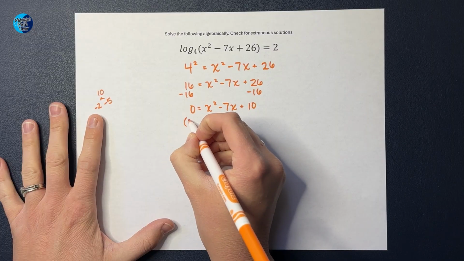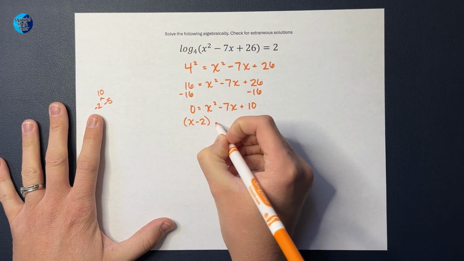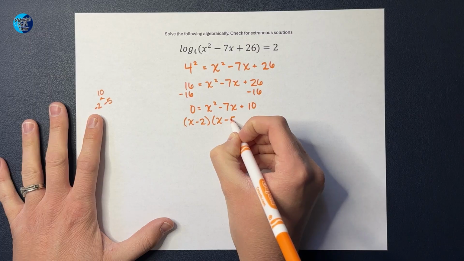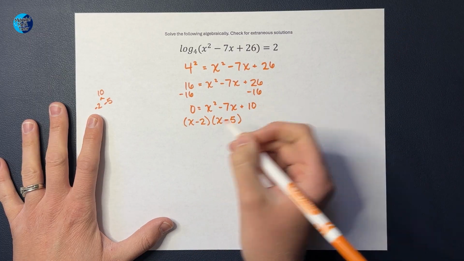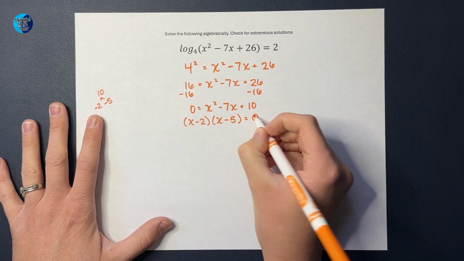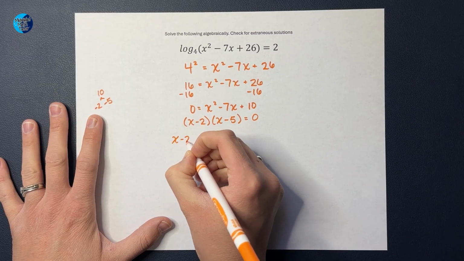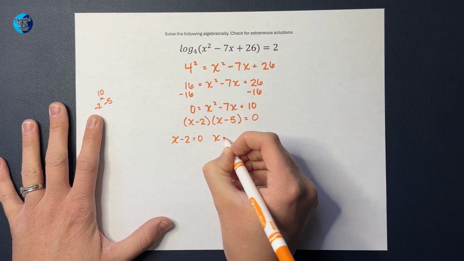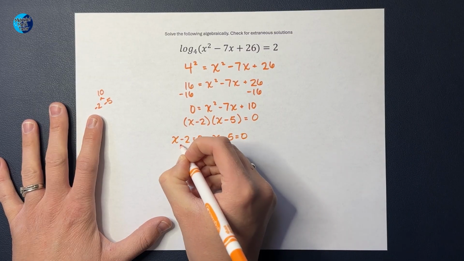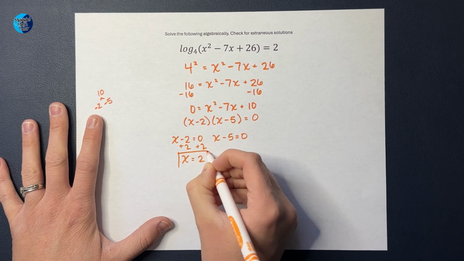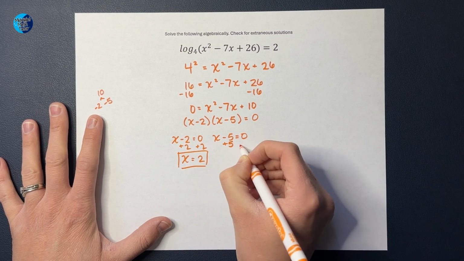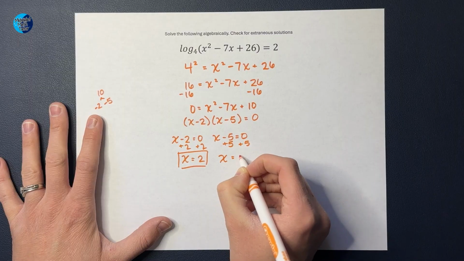So when I factor this, I get x minus 2 times x minus 5. I will put a factoring review in the corner if you need it. This is still equal to 0. Now I can go ahead and set each one equal to 0. So I end up with, when I solve, x equals 2 and x equals 5.